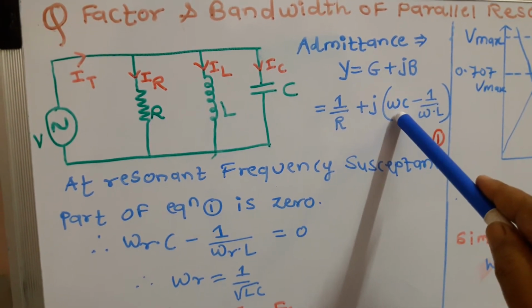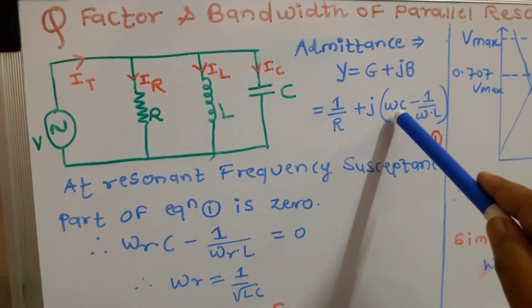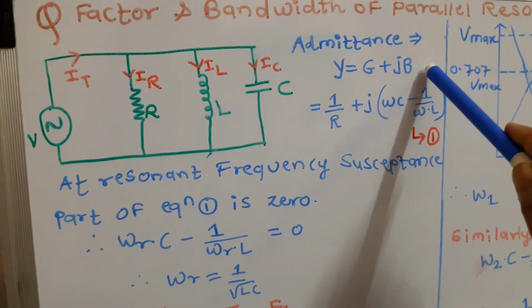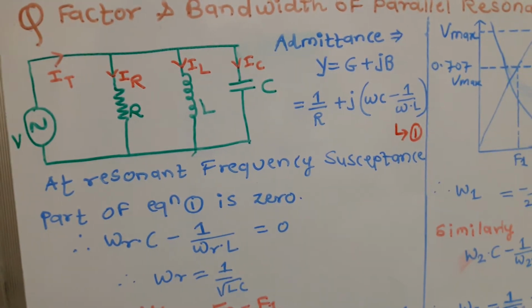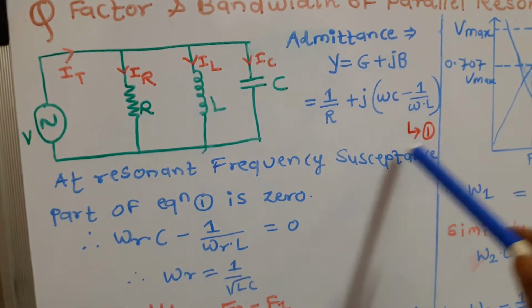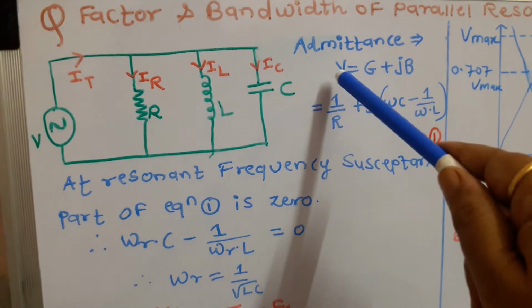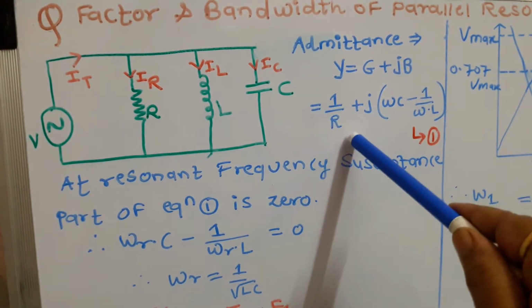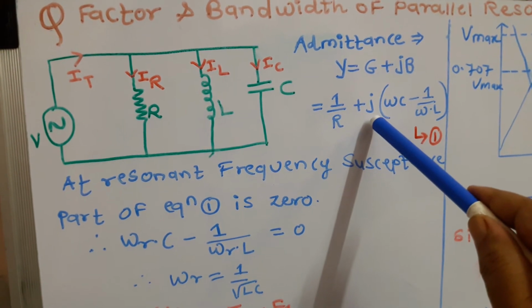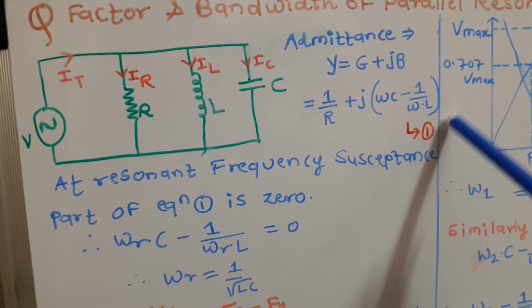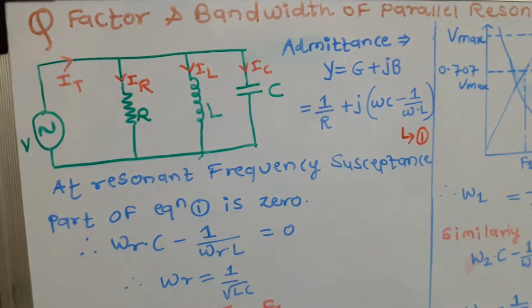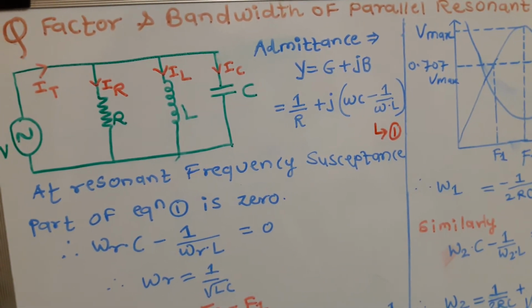Capacitive susceptance is considered positive, and inductive susceptance is taken as negative, that is 1 upon omega L is treated as negative. So this is the admittance for the parallel resonant circuit. The equation for admittance is 1 upon R plus the imaginary part, that is j omega C minus 1 upon omega L, just similar to the impedance considered in the series resonant circuit.